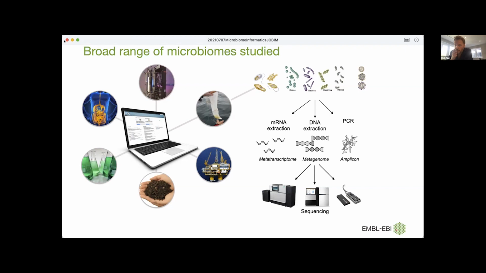The range of microbiomes that are being investigated these days never ceases to amaze me. People are investigating the microbiomes in deep ocean abysses, and there are microbiome studies happening on the International Space Station. On this slide, on the left-hand side, I've got some exemplar microbiomes.